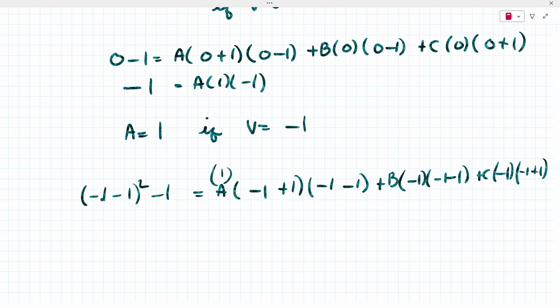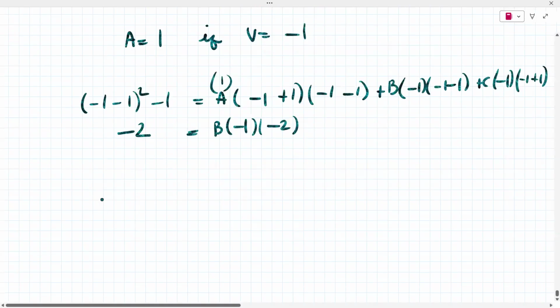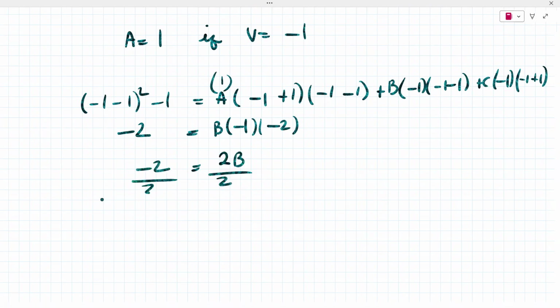You should get b times negative 1 times negative 2, and this would be 2b equals negative 2. Solve for b. b equals negative 1.